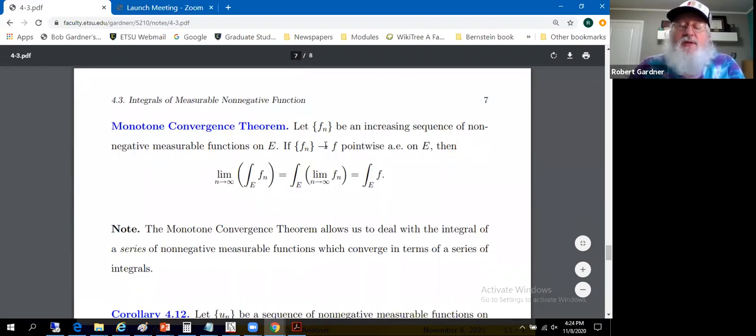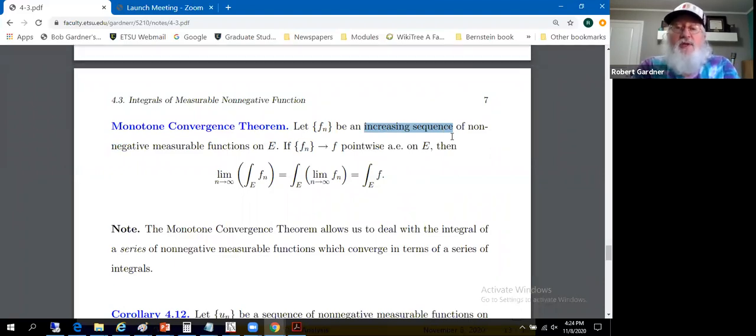theorem. So the monotone convergence theorem says, let f sub n be an increasing sequence of non-negative measurable functions. So it's a sequence of class 2 functions, non-negative, and the sequence itself is monotone increasing. They didn't put the word monotone here, but that's the idea for the title.